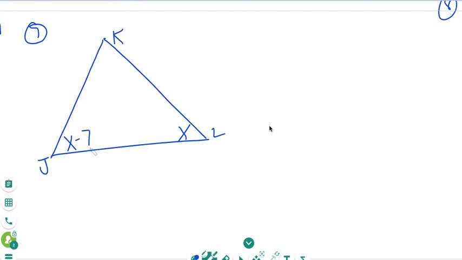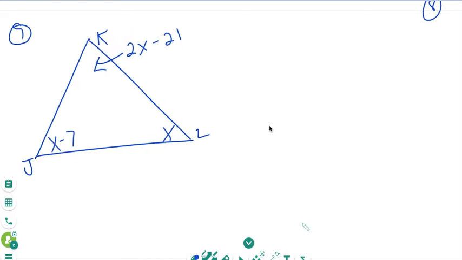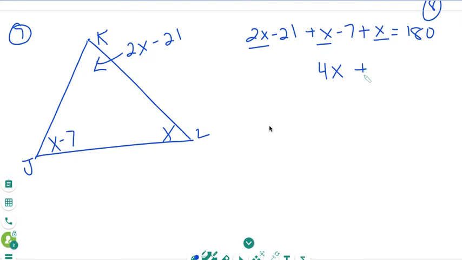And we know that K is 21 less than twice L, so that would be 2x minus 21 will give us angle K. Now we know that all the angles of a triangle sum to 180, so we're going to do 2x minus 21 plus x minus 7 plus x is equal to 180. I'm going to combine all of my x terms. So I'm going to get 4x, and combine my constant numbers, that's going to be negative 28.